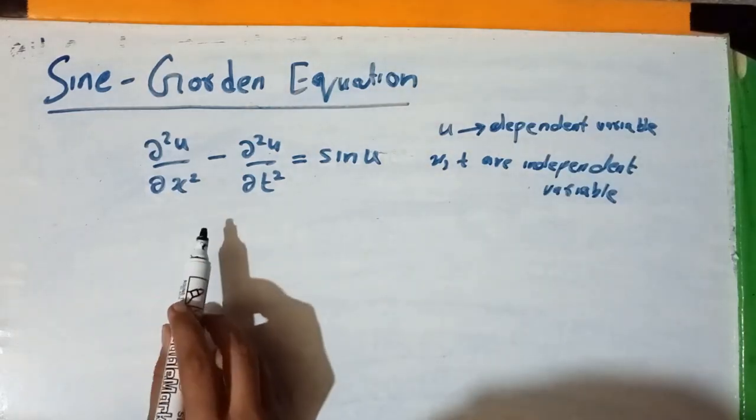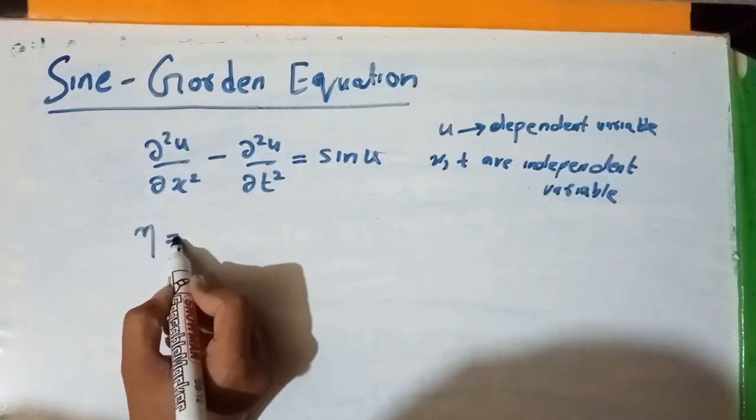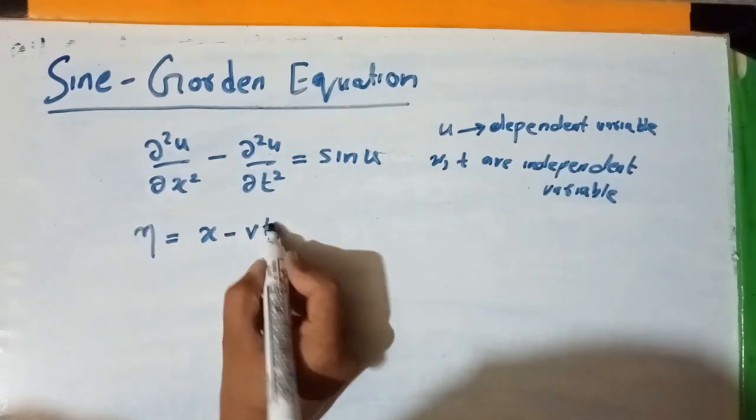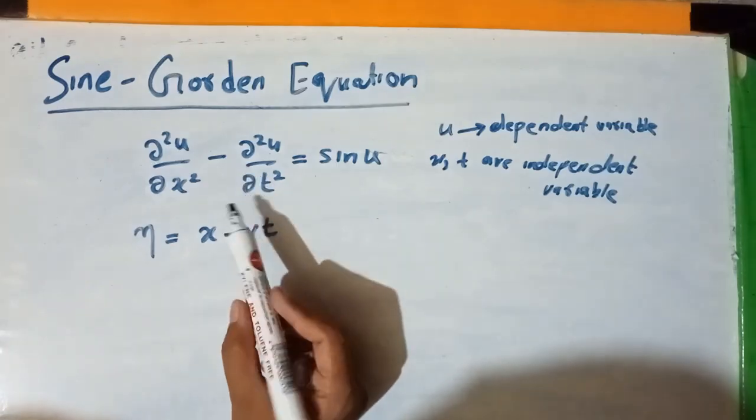First of all, we will substitute η = x − vt to transform this equation into one independent variable.